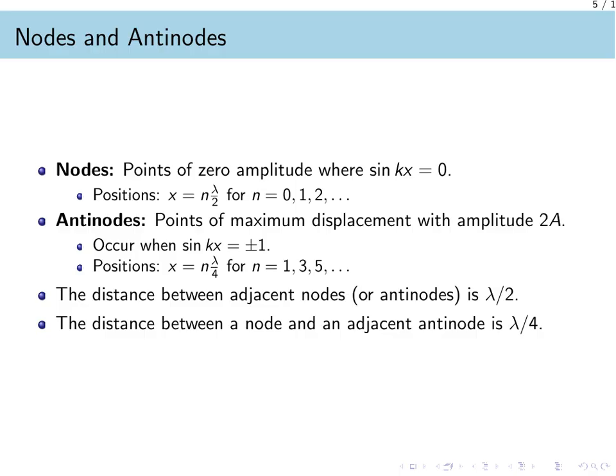These occur when the sine of kx term equals plus or minus 1, located at positions x equals n times the wavelength divided by 4 for odd integers. It is important to note that the distance between any two adjacent nodes, or two adjacent antinodes, is half a wavelength, while the distance from a node to the nearest antinode is 1/4 of a wavelength.